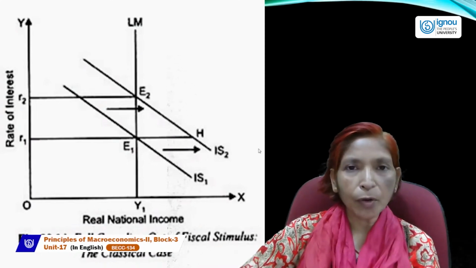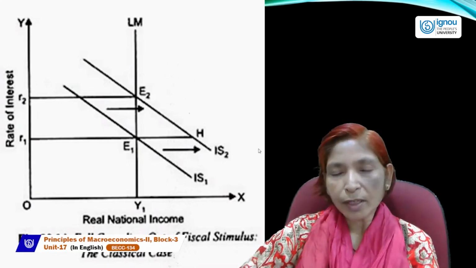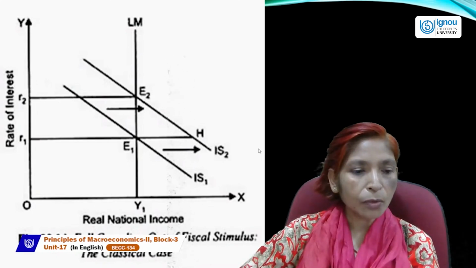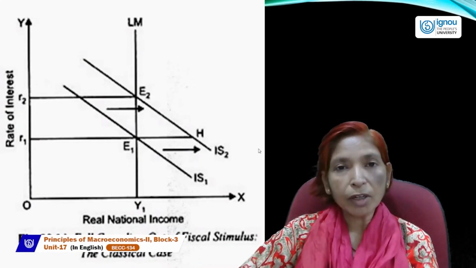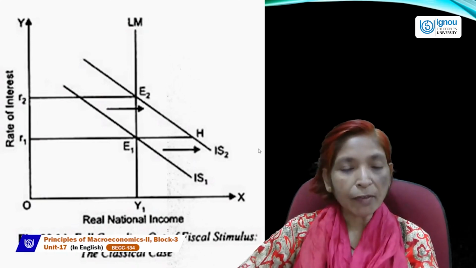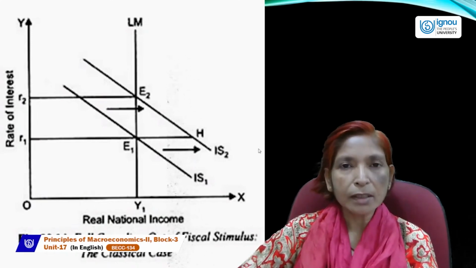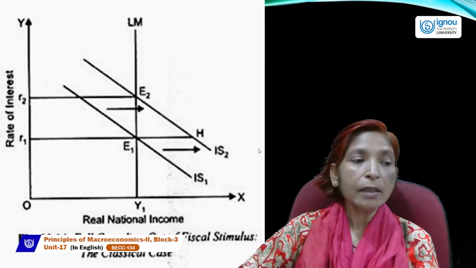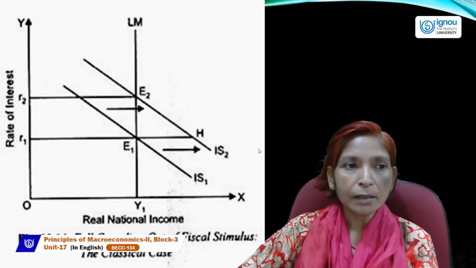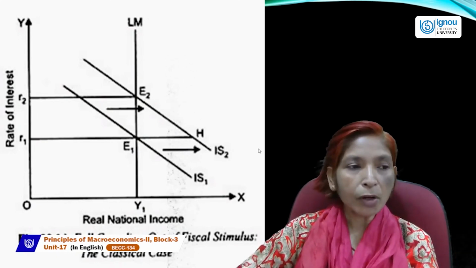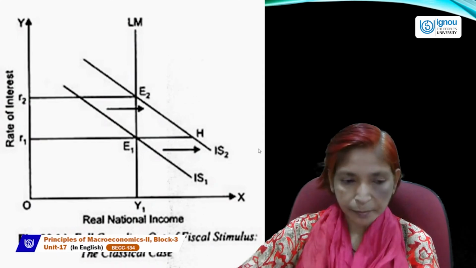At this equilibrium point, the rate of interest will rise from OR1 to OR2, but the level of income will not rise. The level of income remains the same, only the rate of interest rises. This situation is called full crowding out.